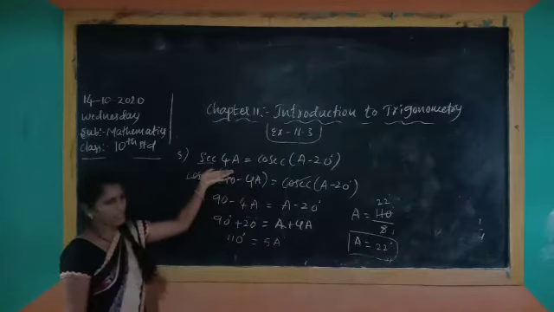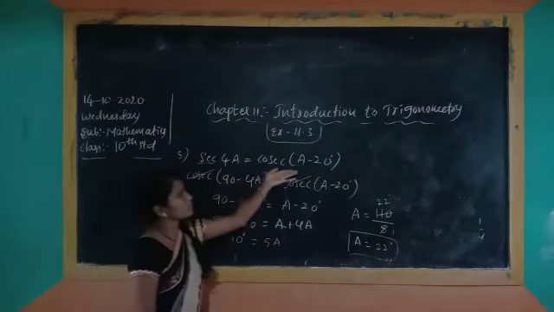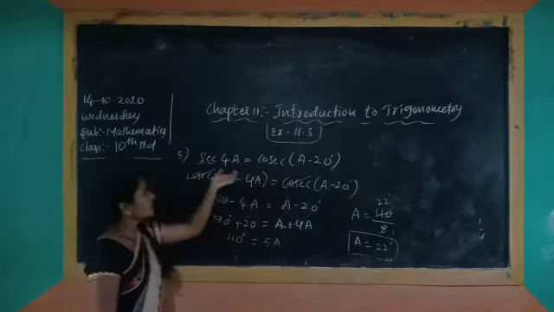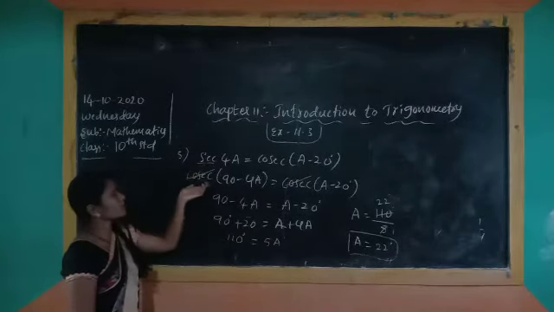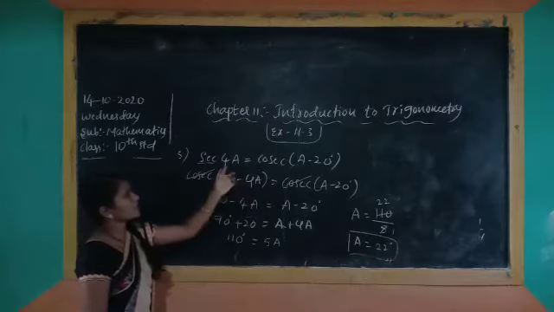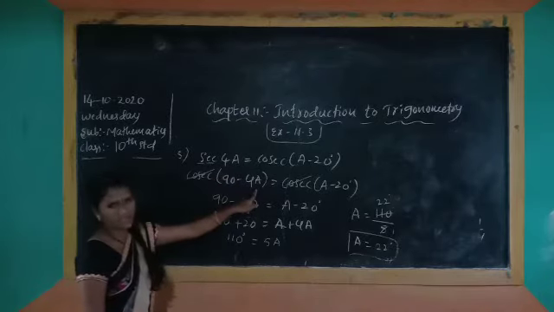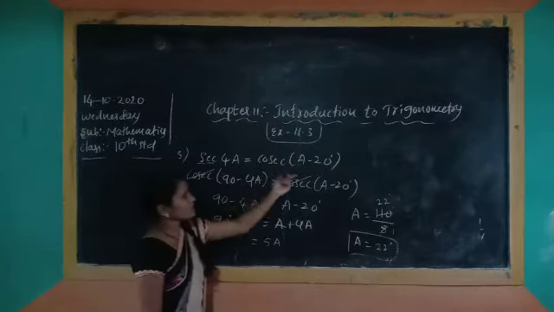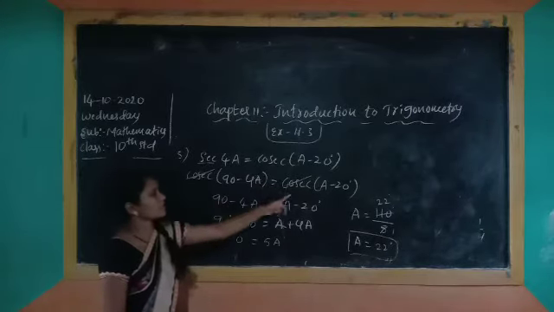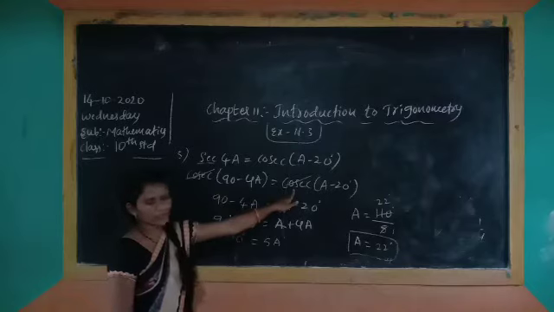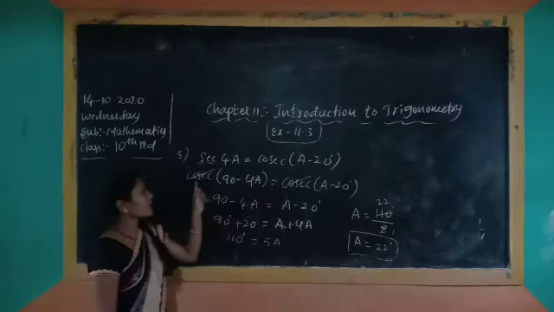I am explaining again. Secant 4A is equal to cosecant (A minus 20 degrees). Secant in the complementary angle means cosec (90 degrees minus the angle, which is 4A). I have written 4A here, and cosec as it is. Since both sides have the same trigonometric ratio, we cancel both.